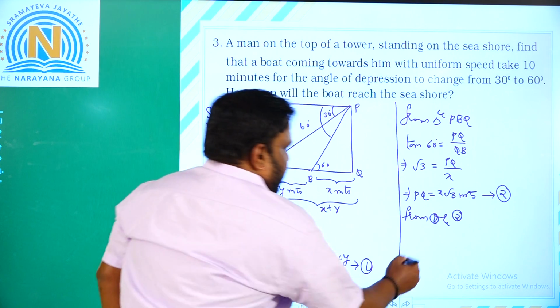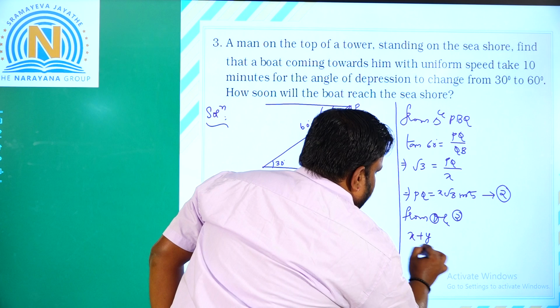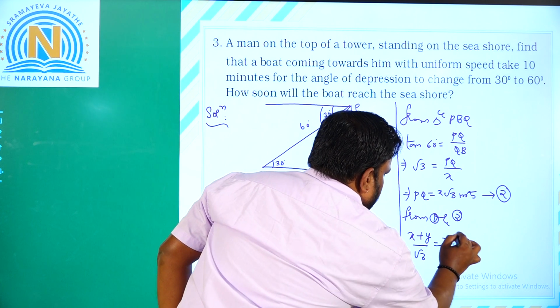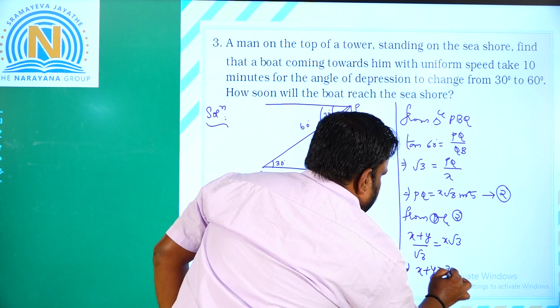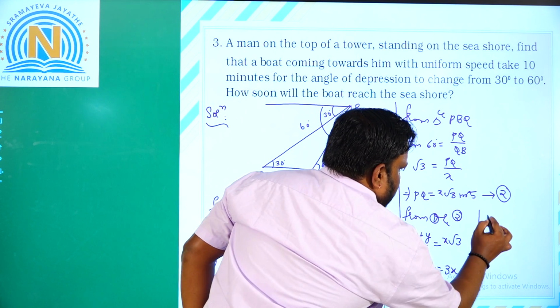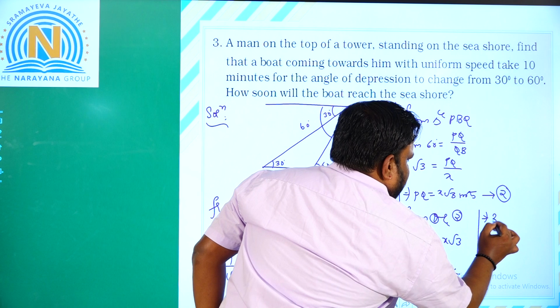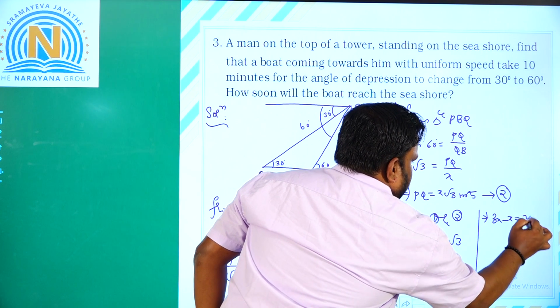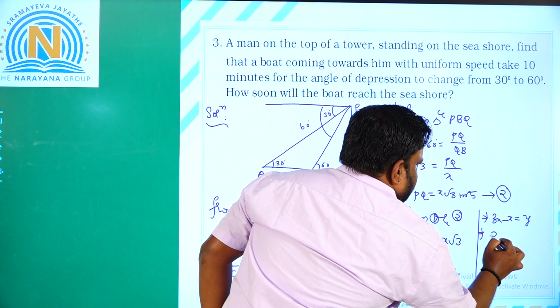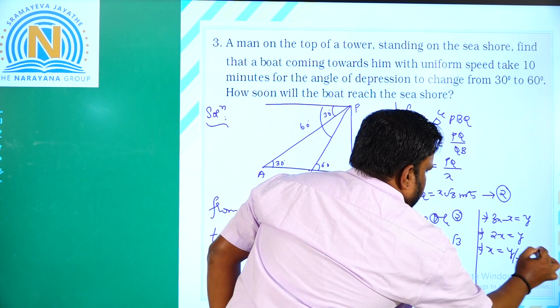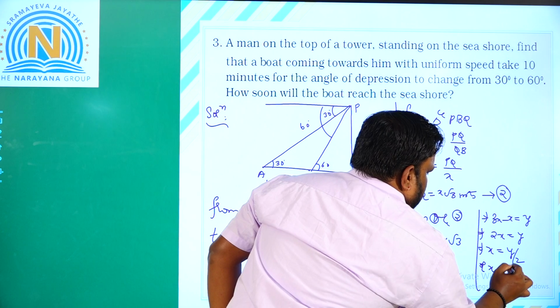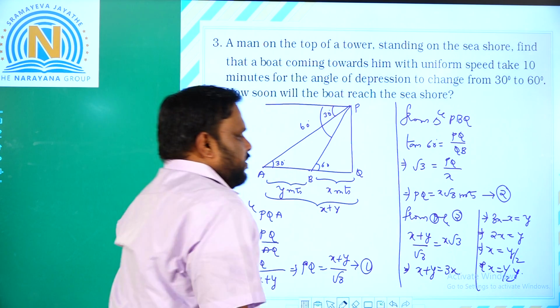Then from here, what am I going to get? (x plus y) by root 3 is equal to x root 3. So on cross multiplying, x plus y is equal to 3x. From here, 3x minus x is equal to y. So 2x is equal to y and x is equal to y by 2, or x is equal to half into y. So that means what?